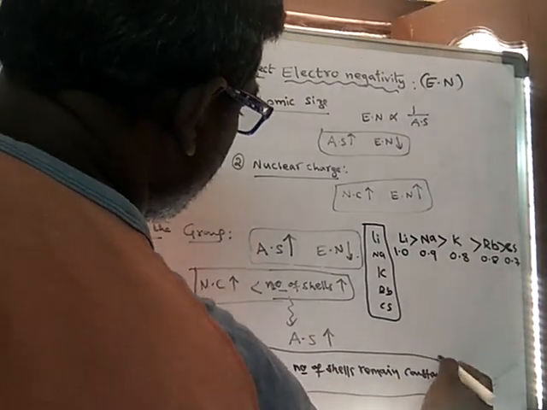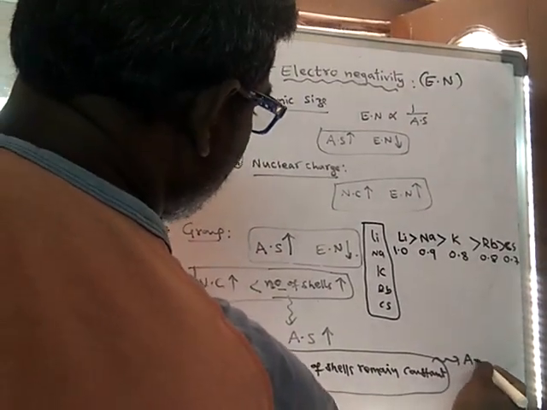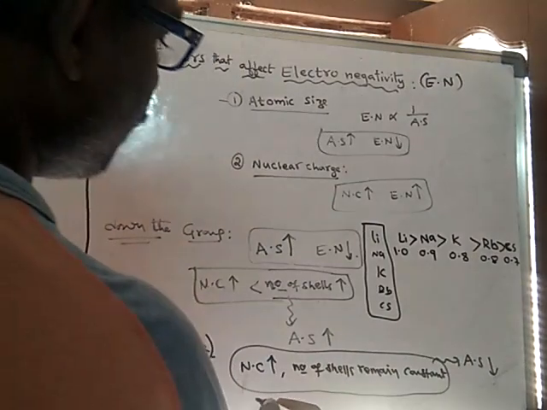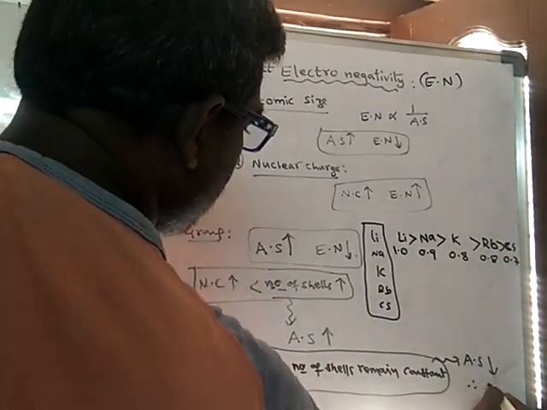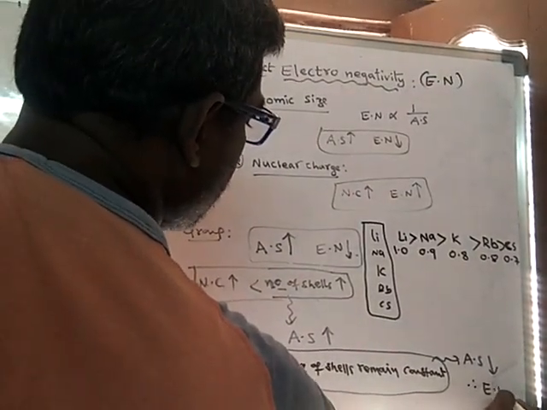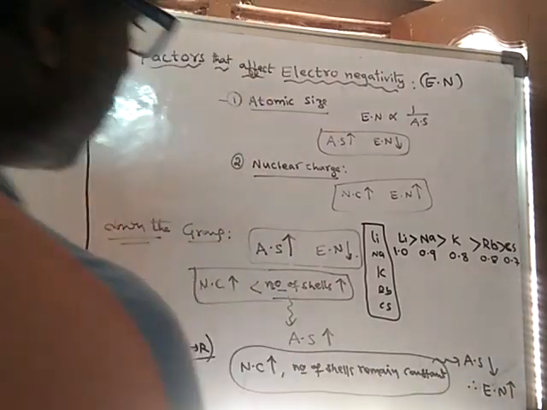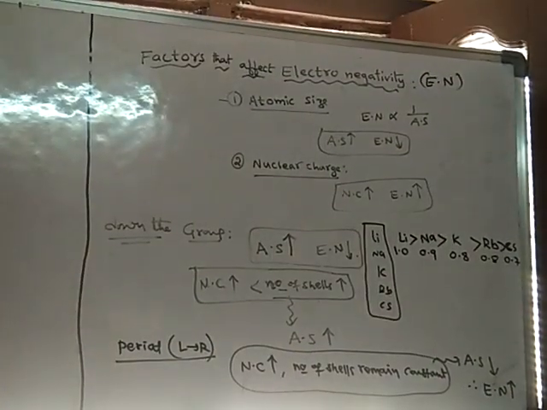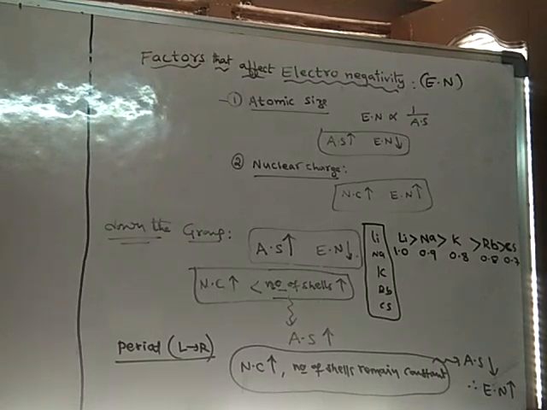As a result, atomic size decreases. Therefore, electronegativity increases. That means from left to right, electronegativity increases.